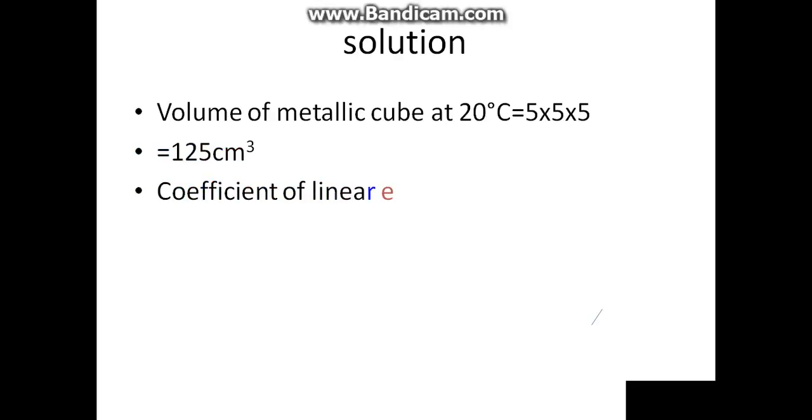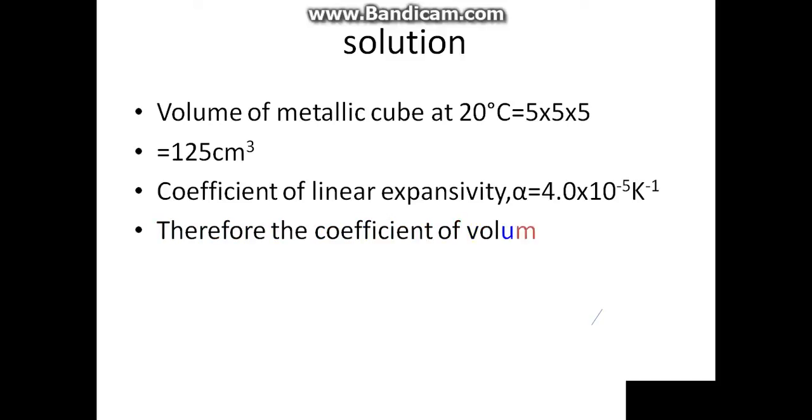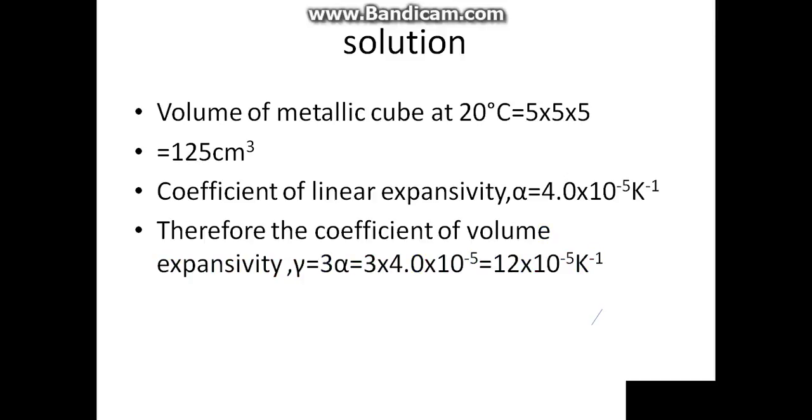Coefficient of linear expansivity alpha is equal to 4.0 times 10 raised to the power minus 5 per Kelvin. Therefore, the coefficient of volume expansivity gamma is equal to 3 alpha. This is equal to 3 times 4.0 times 10 raised to the power minus 5 is equal to 12 times 10 raised to the power minus 5 per Kelvin.